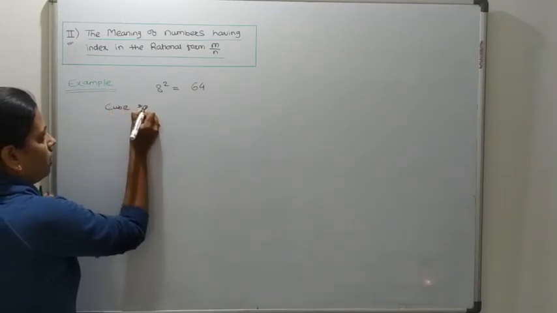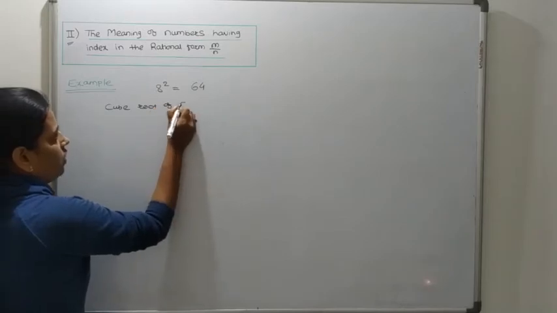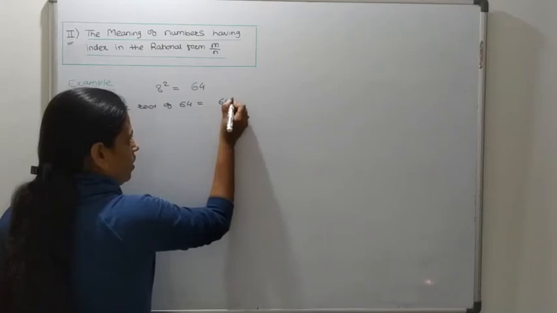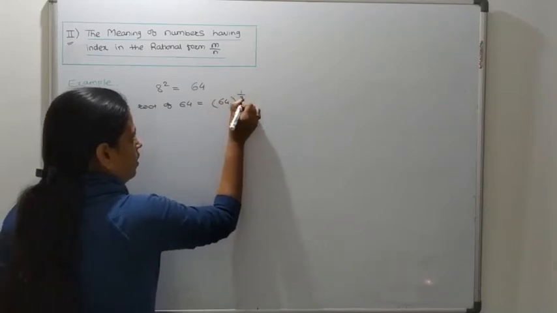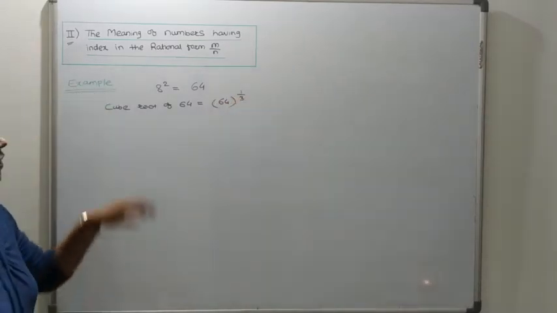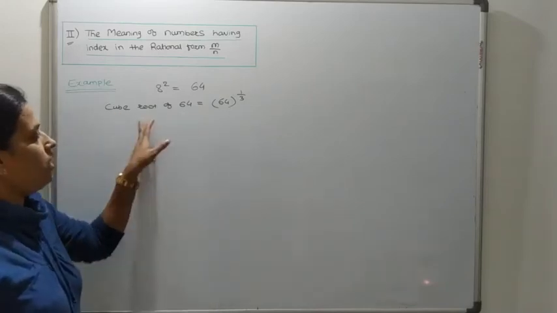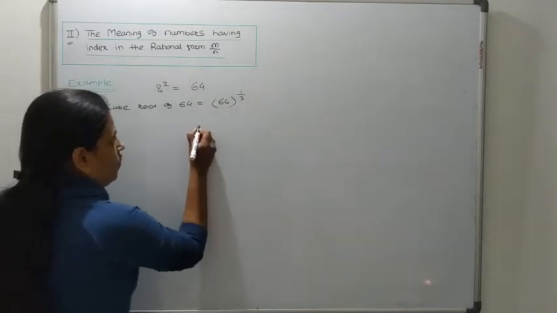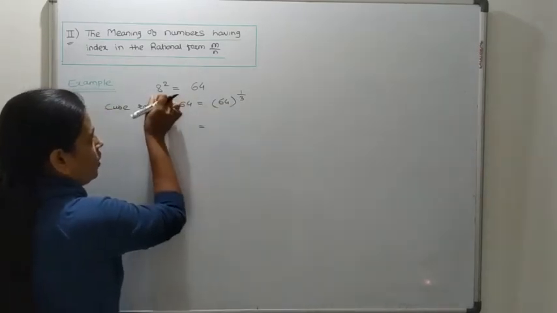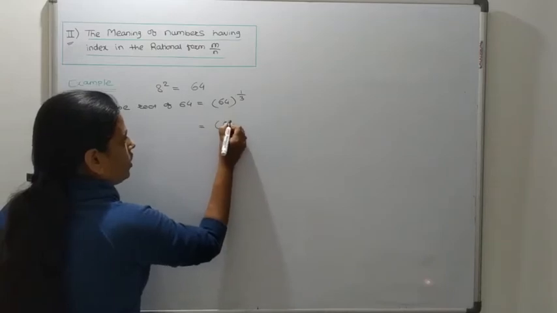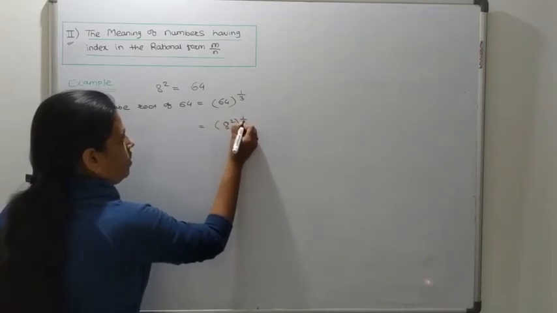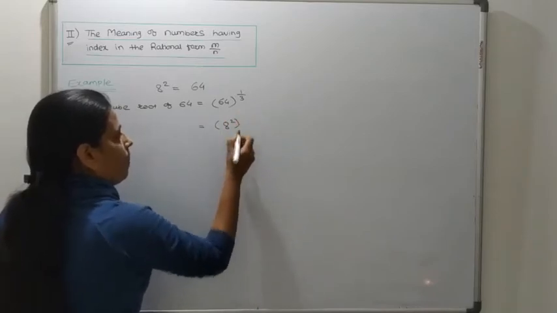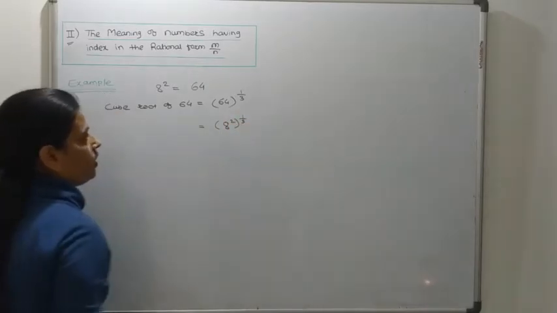The cube root of 64 is written as 64 raised to 1 upon 3. Instead of 64, we can put x square, because x square is 64.